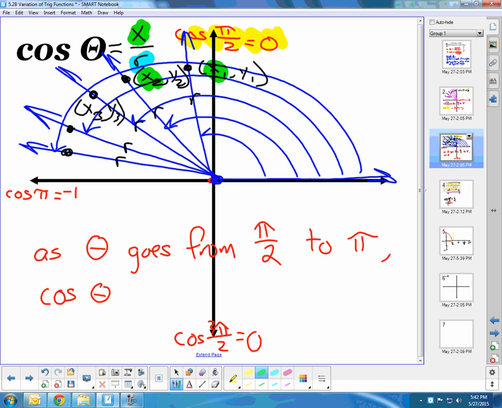X sub 2, once again, a negative value, but its absolute value is getting farther from 0. X sub 3, still negative, and its absolute value even farther away from 0.